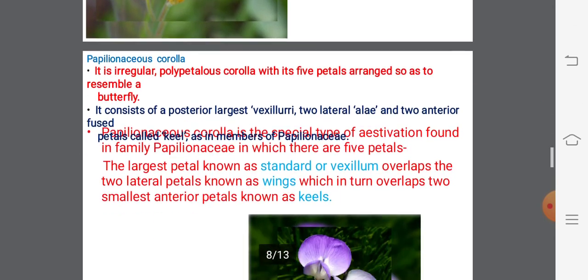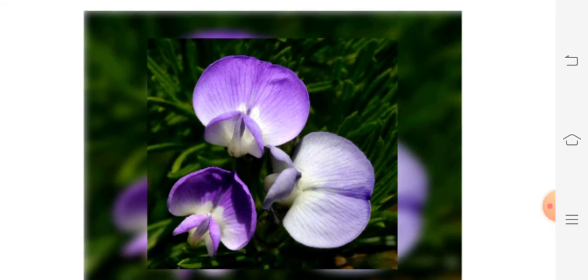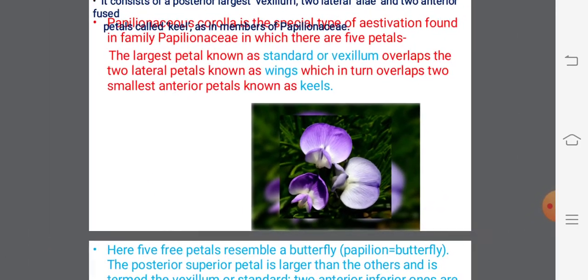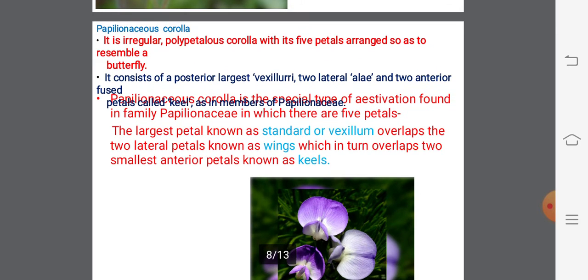Then papilionaceous type. Here you are observing a good flower of this, Clitoria, Gokarn. It is an irregular polypetalous corolla with 5 petals, which look like a butterfly. The larger one is the vexillary.